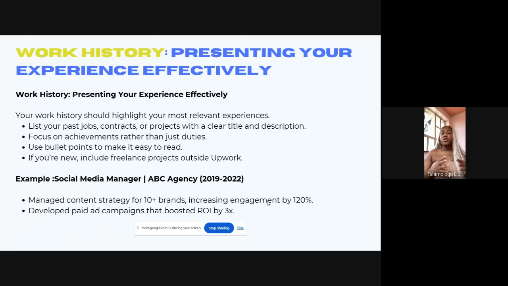What Upwork allows you to do now is add your work history, which I think is a very beneficial feature because you never used to have that before. You'd get into your profile and it would just be empty because you haven't really done any work before.